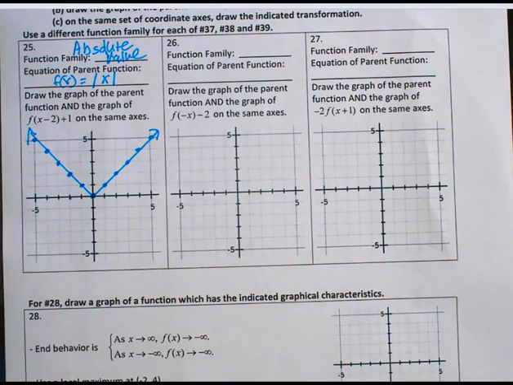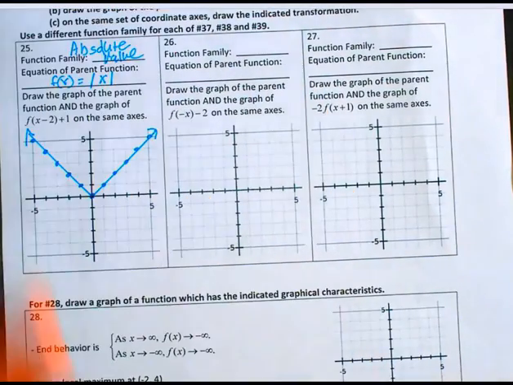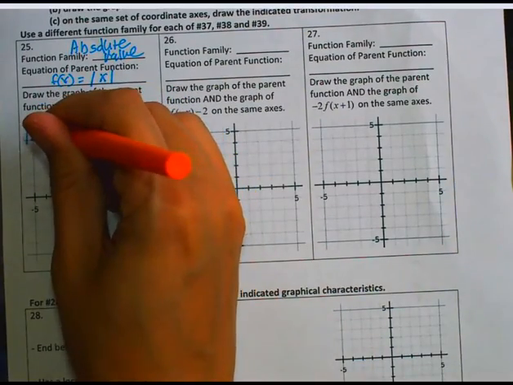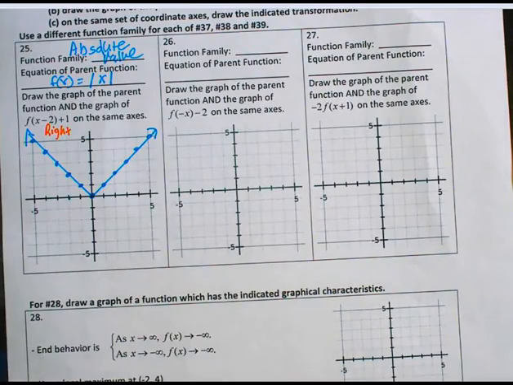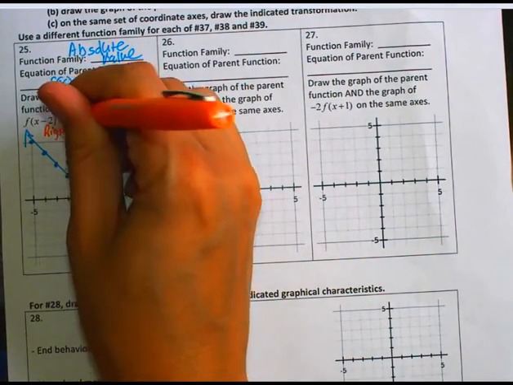We have a transformation of minus 2 on the inside of the parentheses, which means that we're moving what? To the right 2. And then the plus 1 on the outside is going to be up 1.